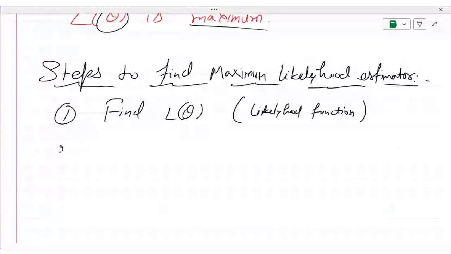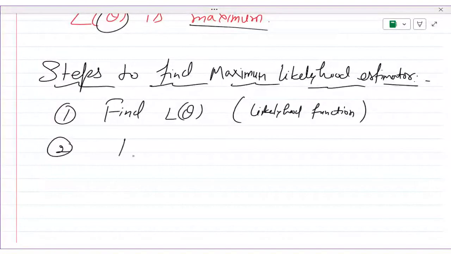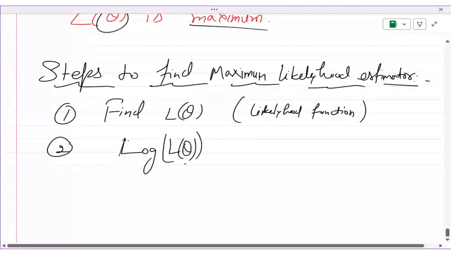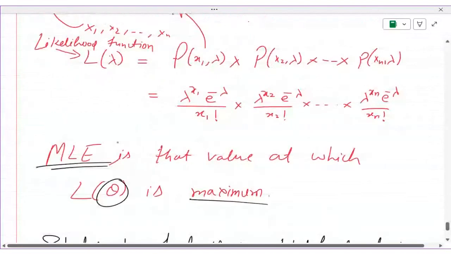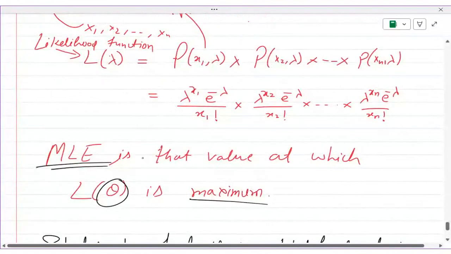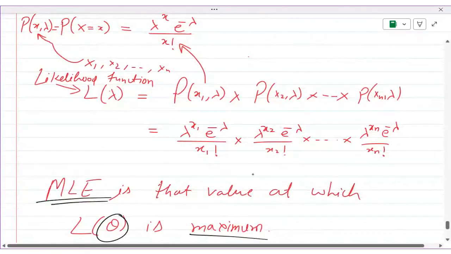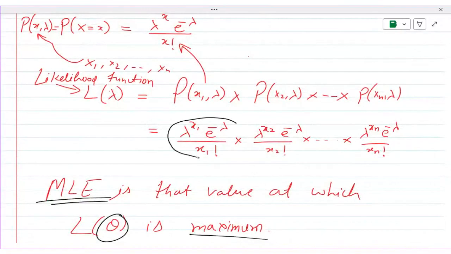we'll find the log of L theta. So students, why are we finding the log of L theta here? What is the role of this log L theta? Basically we want to find the maximum value of L theta. But L theta is so complicated, there are so many terms in the product, so finding the maximum value is difficult.